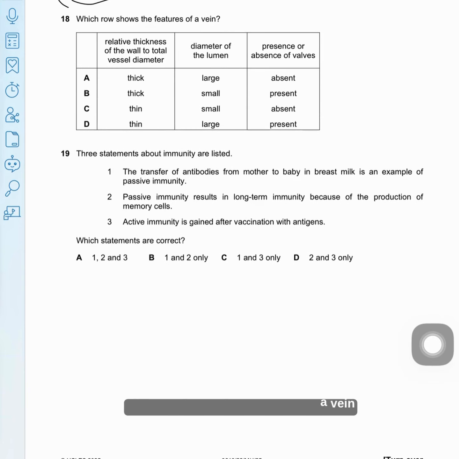So 28D. Which description of cross pollination is correct? If I have two plants like this, and here we have the flower, the pollen moves from the anther of one plant to the stigma of another plant.